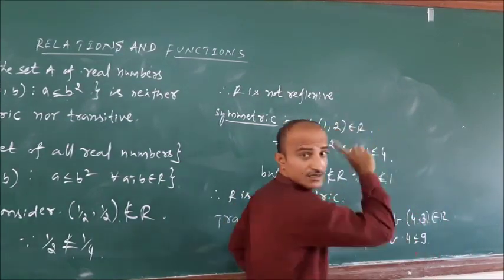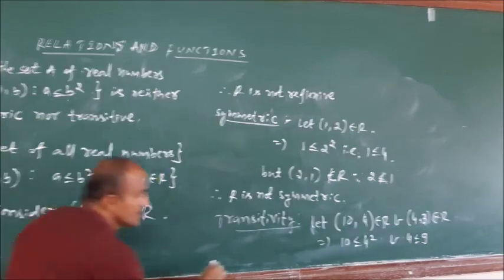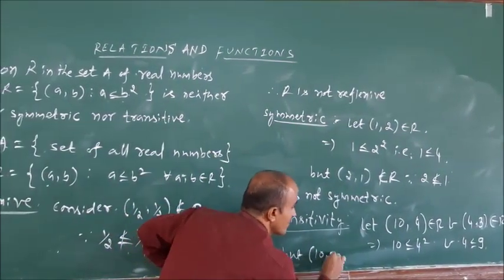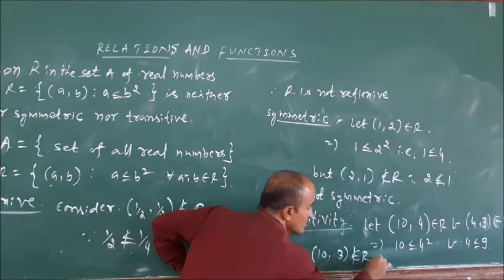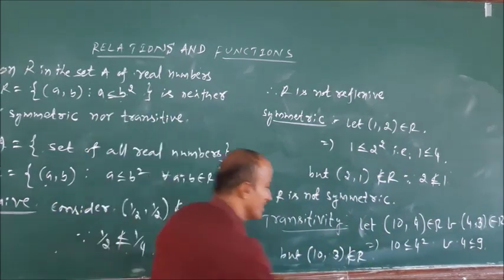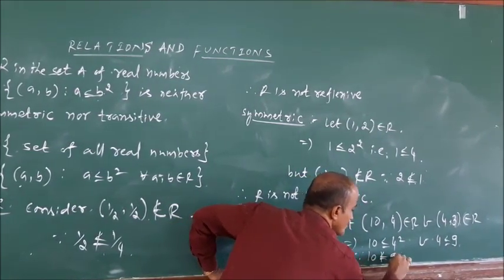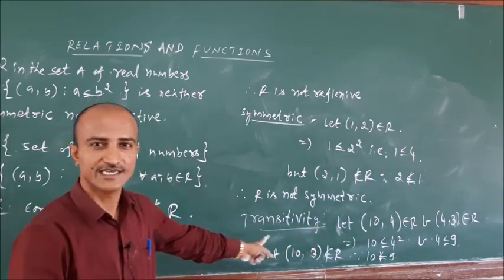But (10, 3) does not belong to R, because 10 can never be less than or equal to 9. Therefore R is not transitive.